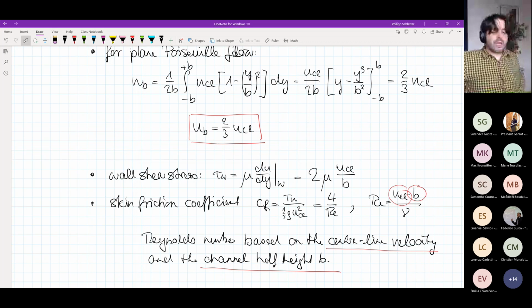So these are now all the quantities that you need to know for Poiseuille flow or plane Poiseuille flow.